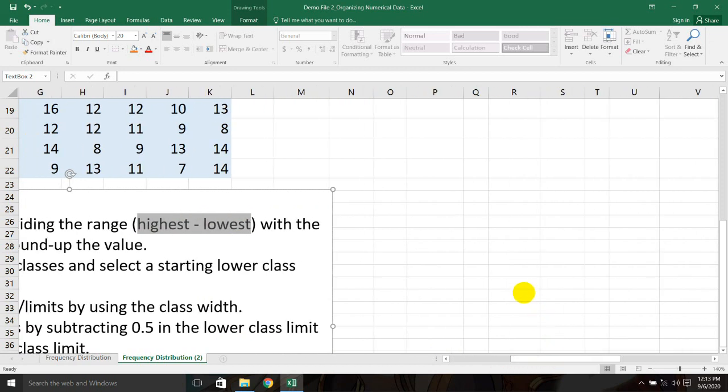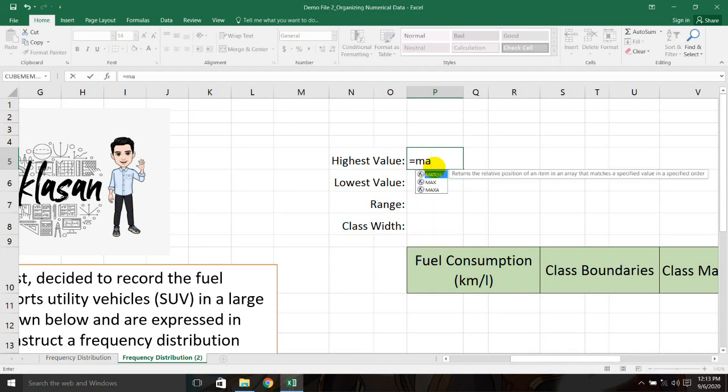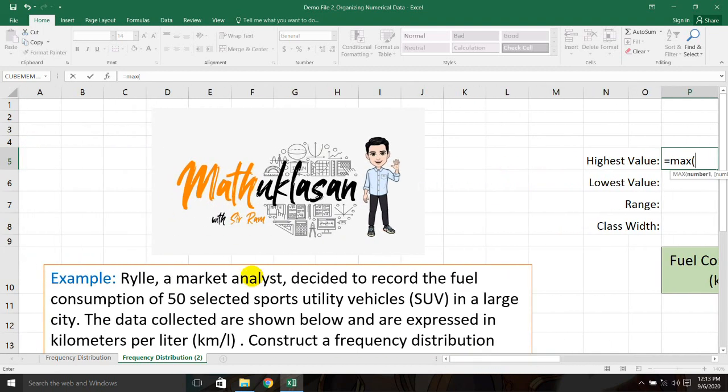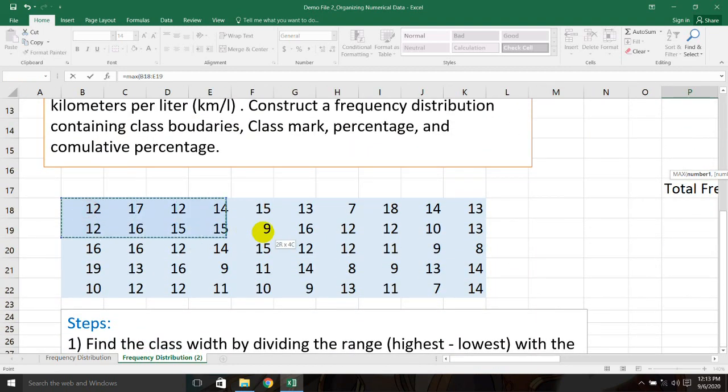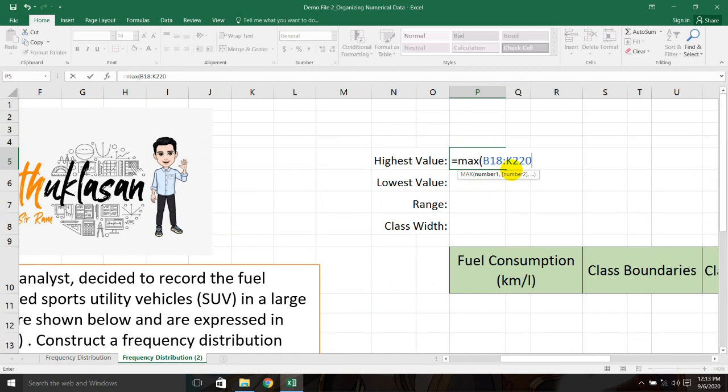To find the highest and the lowest value in our dataset, we're going to use the maximum function by typing equal sign, max, open parentheses, and choosing the range of values. Closing the formula with close parentheses or pressing enter, we have the maximum value, which is 19.